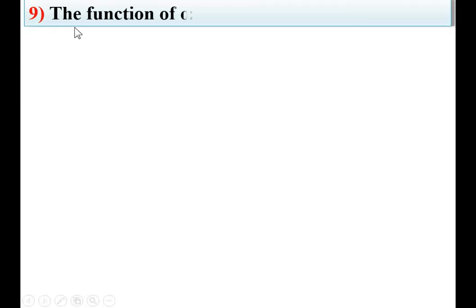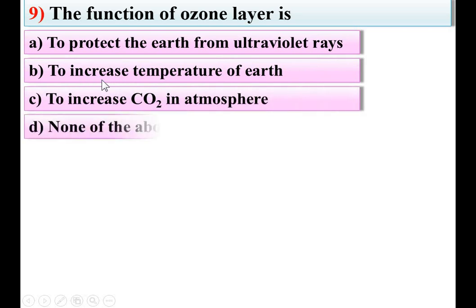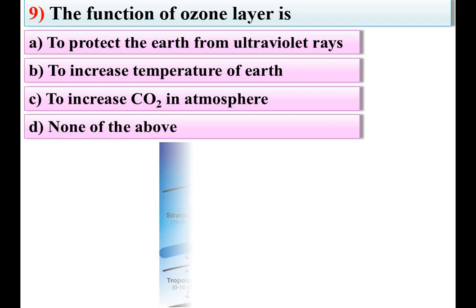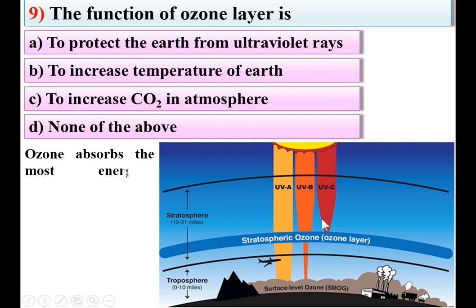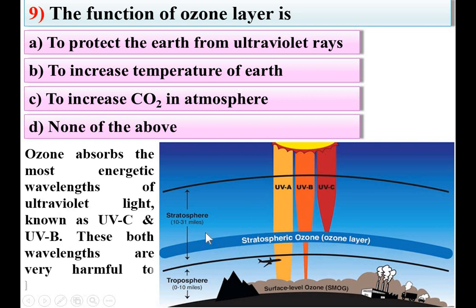Next, the function of the ozone layer is: option A, to protect the earth from ultraviolet rays; B, to increase the temperature of earth; C, to increase carbon dioxide in the atmosphere; D, none of the above. Let's consider this image. In this image you can see the ozone layer in the stratosphere, and that prevents ultraviolet rays.